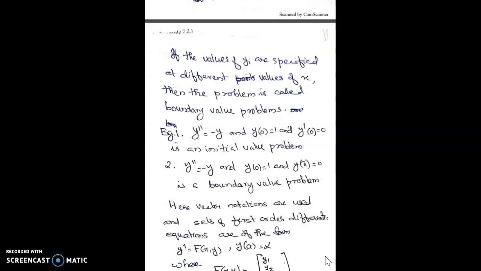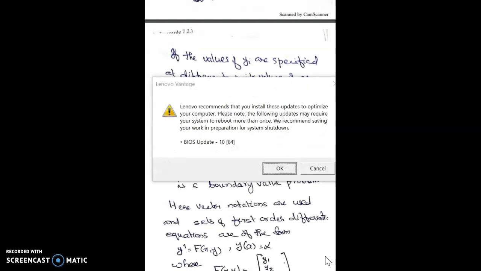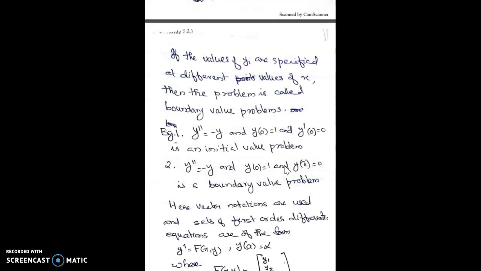So that is the difference between the two problems. In the initial value problem, the values of the function are defined at a single, particular point. While in boundary value problems, values are defined at different points.